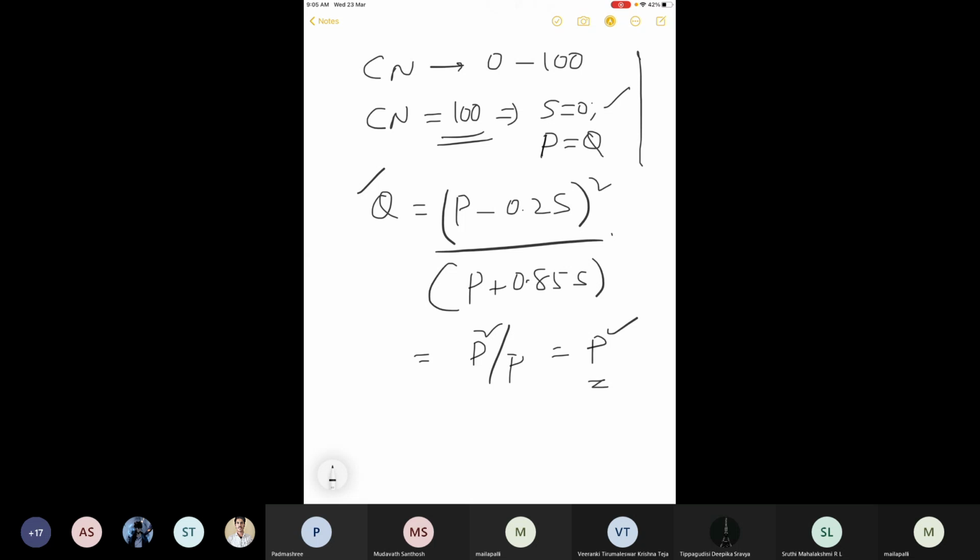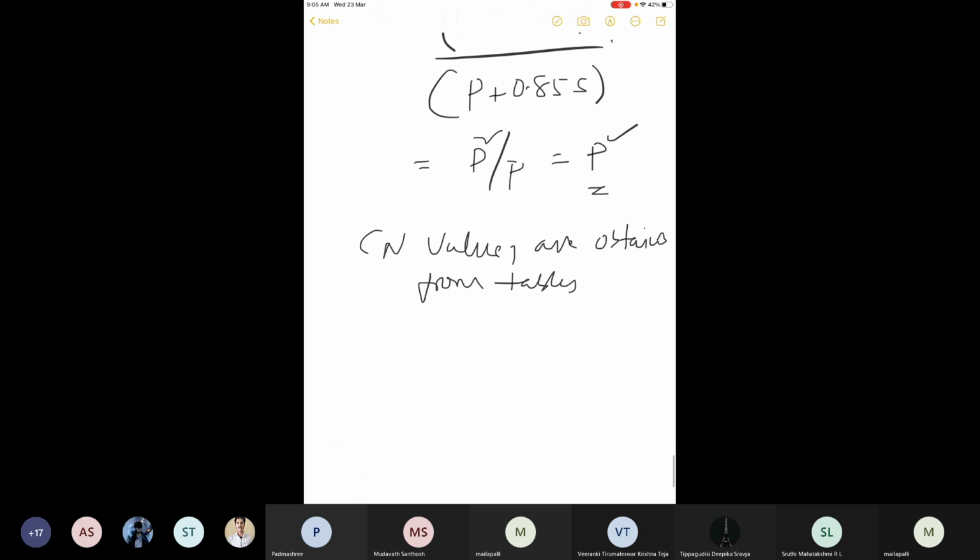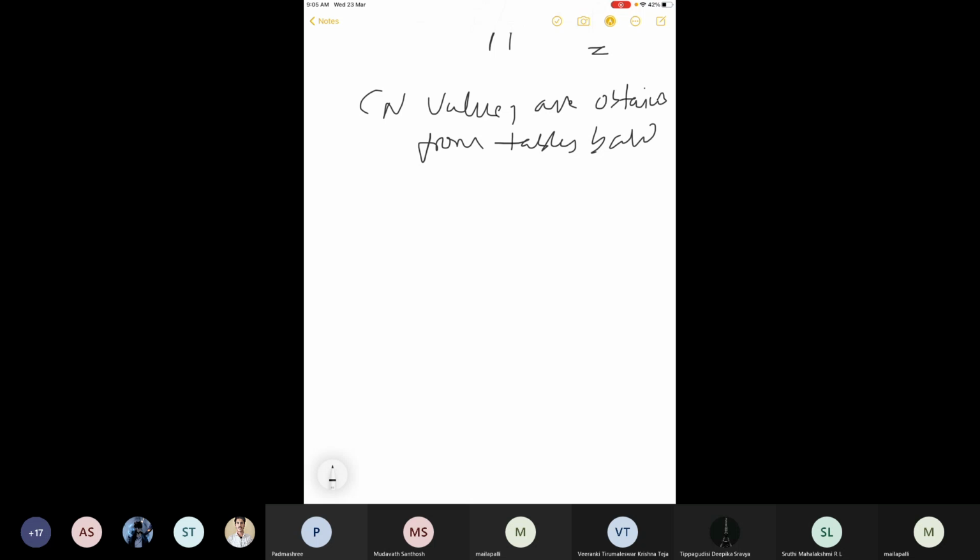These Cn values are obtained from tables, based on the soil and catchment condition.